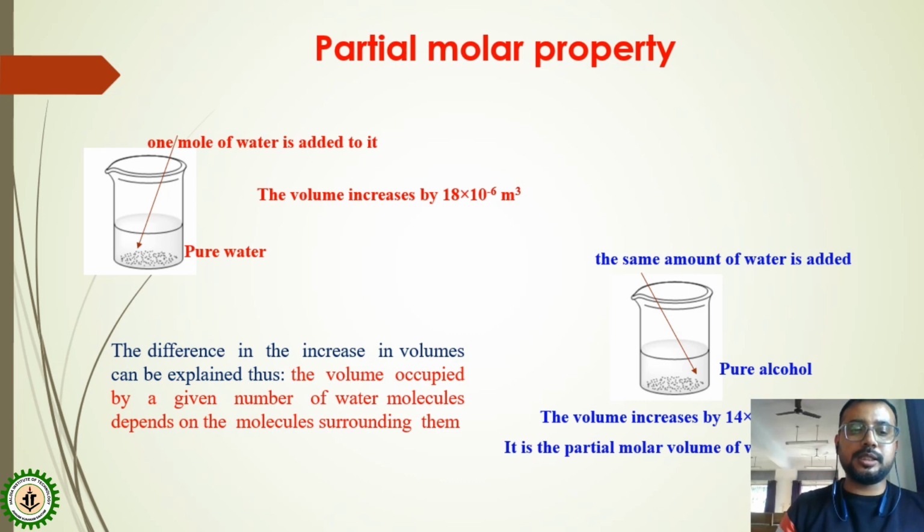Now consider an open beaker containing a huge volume of water. In the first figure, the beaker contains pure water in a huge volume. Assume that now 1 mole of water is added to the pure water. If the same amount of water is added to the large amount of water, the volume will increase by 18 into 10 to the power minus 6 meter cube.